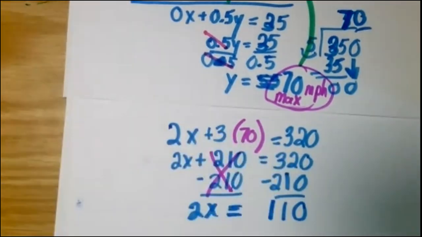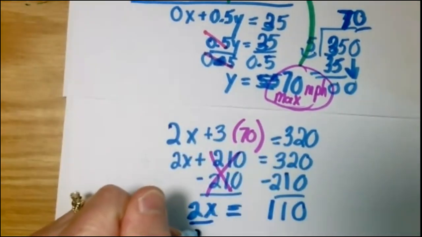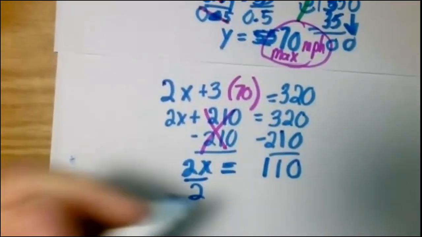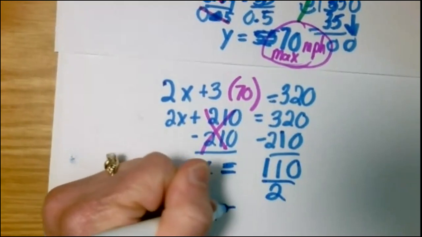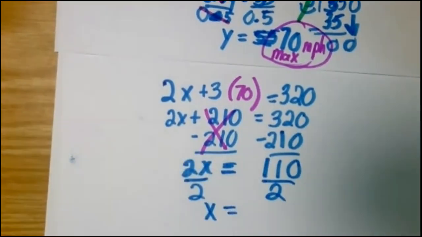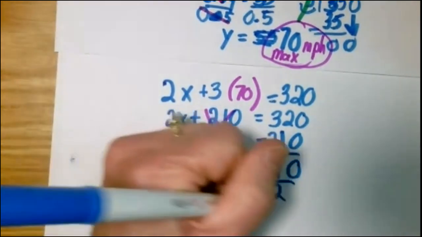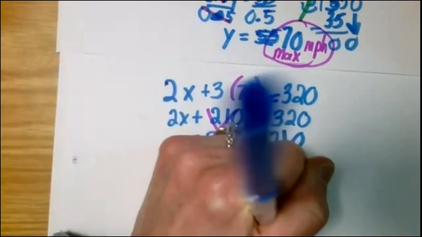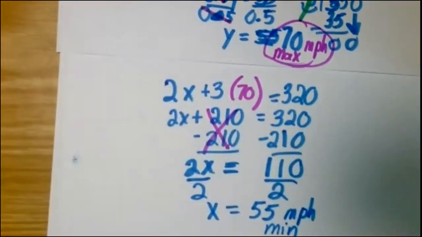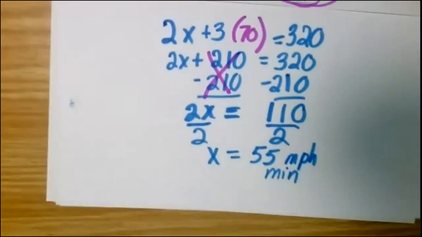That seems like too high of a number, but not really, because we still got to divide by 2. It'll probably work out just fine. x is equal to 110 divided by 2, exactly 55 miles per hour. That is our minimum speed. So we have answered our word problem.